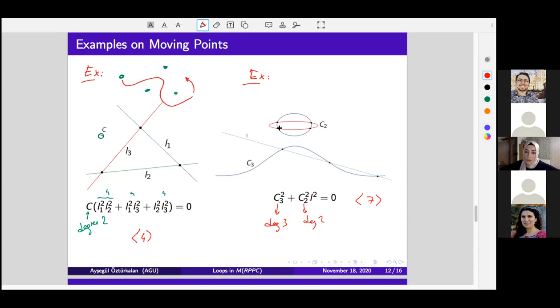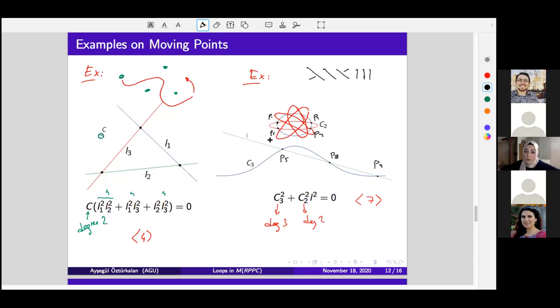Yes, I can move this oval. I can change this oval like that, like that. So by this way, at the beginning, say we have P1, P2, P3, P4, and here P5, P6, P7. If I put these points in configuration space, I will see that while P1 is going to P2, P2 is going to P3, P3 going to P4, and P4 goes back to P1. What about the rest? The rest stays as it is. They don't move.